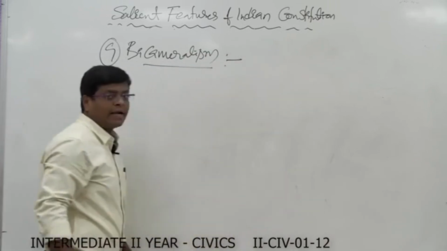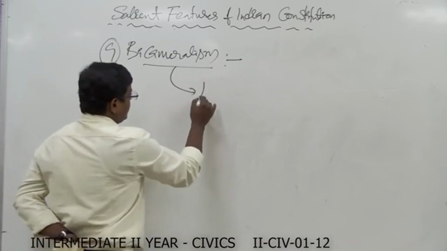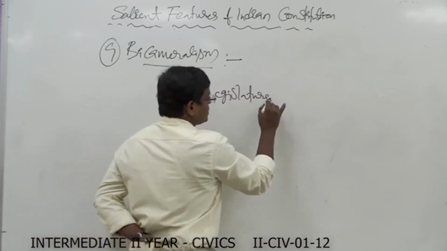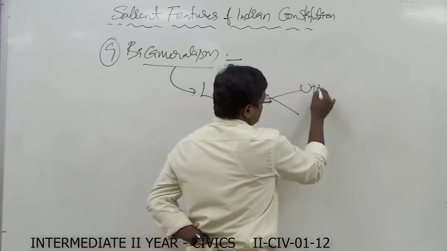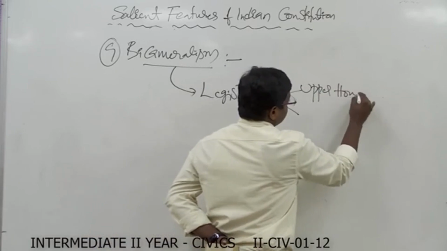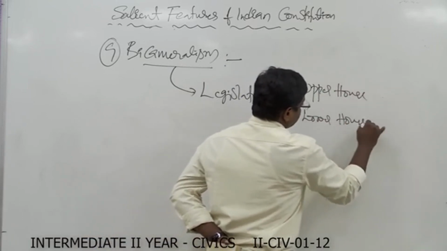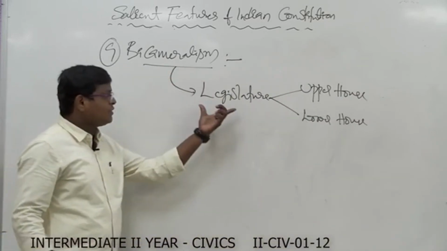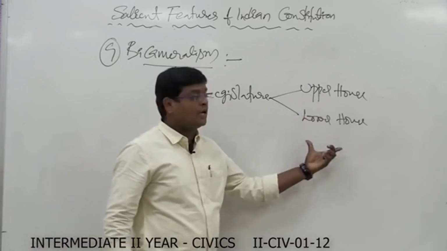What is meant by bicameralism? Bicameralism means the legislature which consists of two houses, upper house and lower house. The legislature which contains two houses, upper house, lower house.